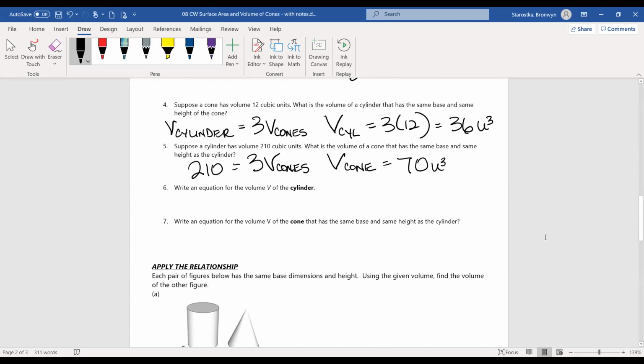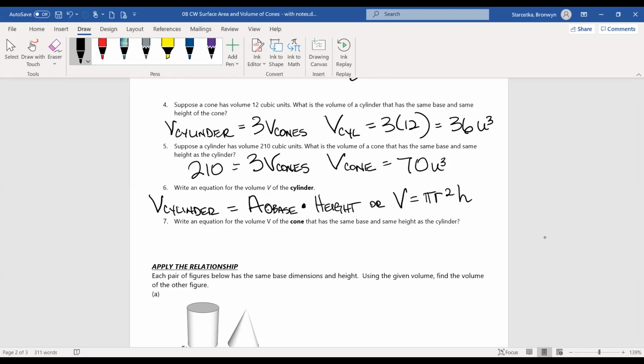So the equation for the volume of a cylinder, remember, the volume of a cylinder equals the area of our circle base times the height, or volume equals pi r squared h.